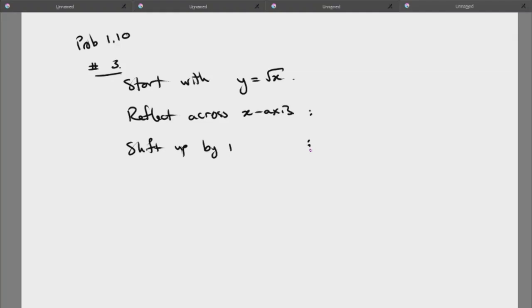So I start with my basic square root function. If I reflect it across the x-axis, that's just another way of saying a vertical reflection over the x-axis. So it's a vertical reflection. What is the new function in that second step?